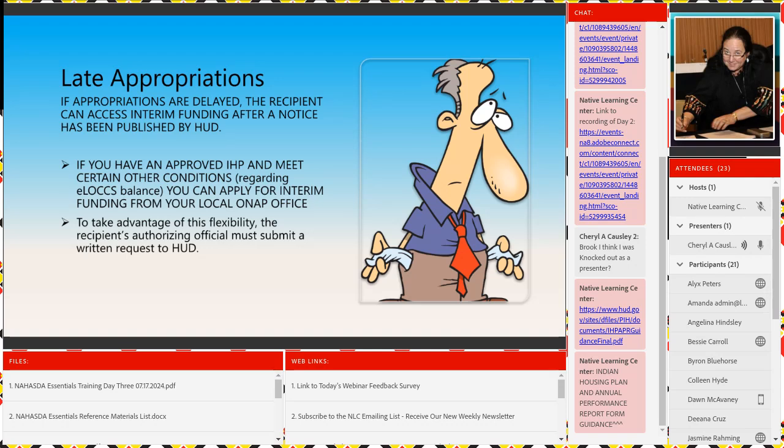As long as you don't have a whole bunch of money sitting in ELOCs and you actually need the money, you can get interim funding from the local ONAP office. They'll give you an advance on those funds. To take advantage of that flexibility, your authorizing official has to submit a written request to HUD. I always call them first and say, what do I do and who do I send it to? And then they're aware of the situation.